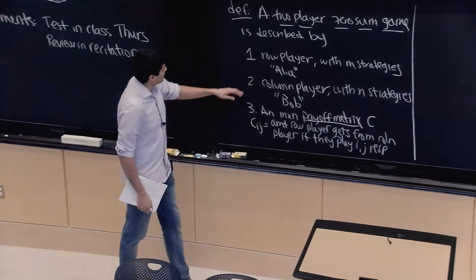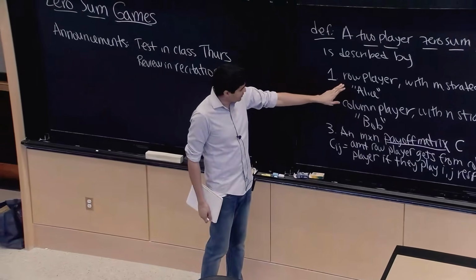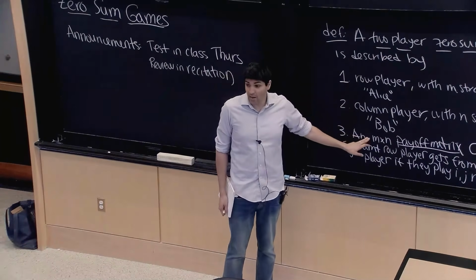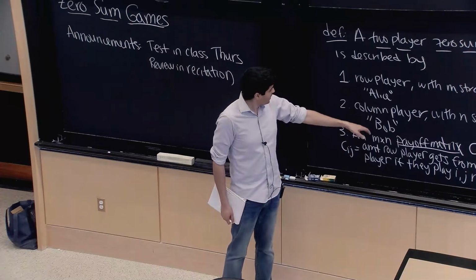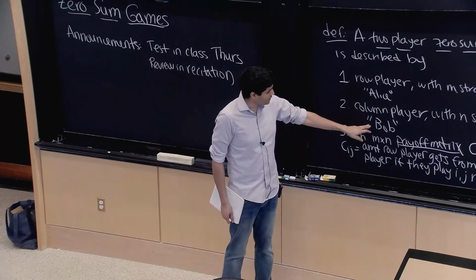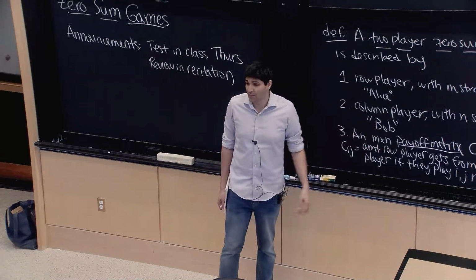So notice that the row player Alice has m strategies, and there are m rows in this matrix. The column player Bob has n strategies, and there are n columns in this matrix.